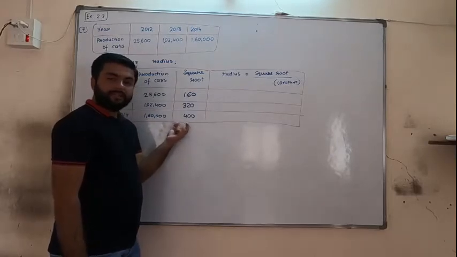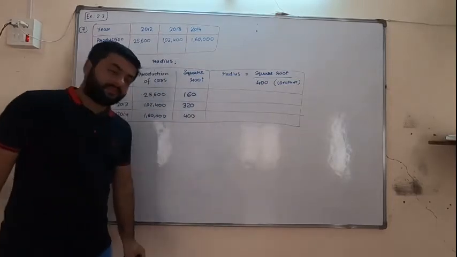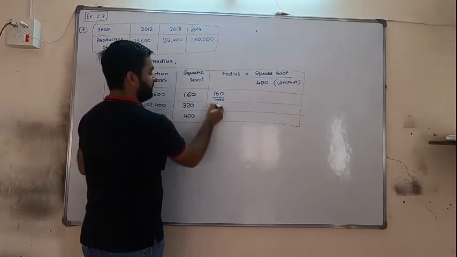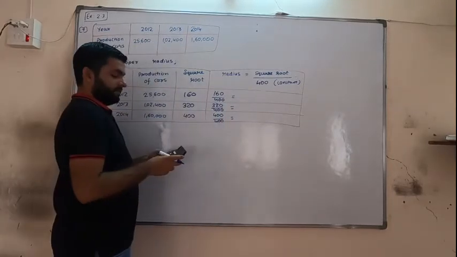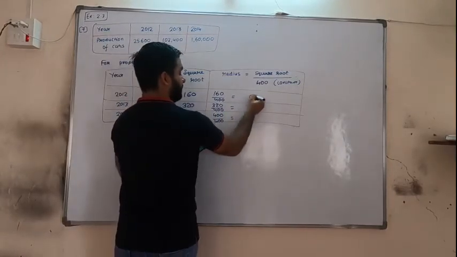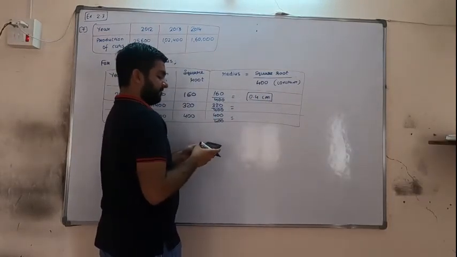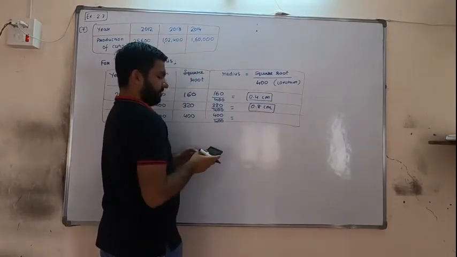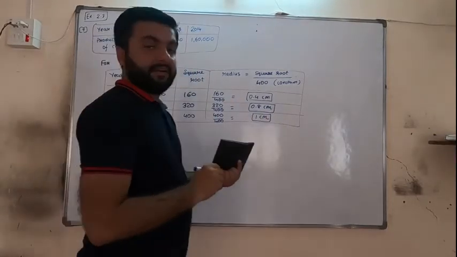So 160 divided by 400 is 0.4 centimeter. 320 divided by 400 is 0.8 centimeter. 400 divided by 400 is 1 centimeter. So the radii are ready.